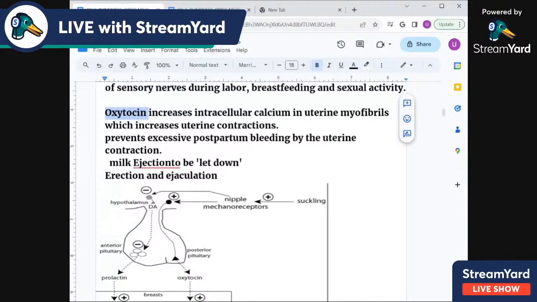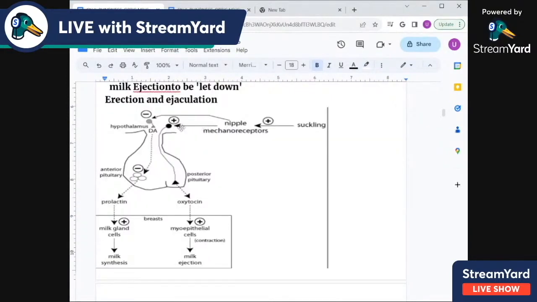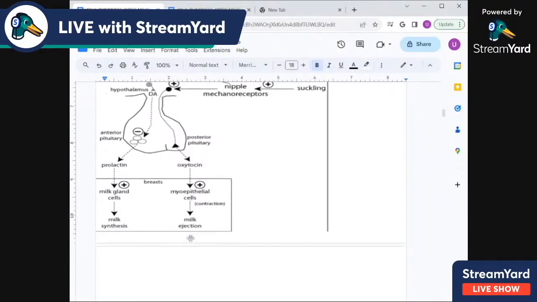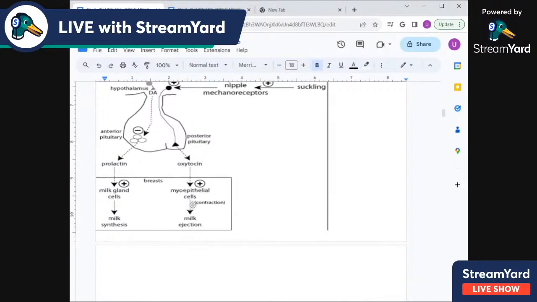It is also involved in milk ejection at the time of lactation. How does it do the milk ejection? When the suckling baby suckles the nipples, it stimulates the mechanoreceptors. These mechanoreceptors stimulate production of oxytocin from the pituitary. That oxytocin acts on the myoepithelial cells of the breast, causing contraction and milk ejection. So oxytocin has nothing to do with milk production, but it causes milk ejection.